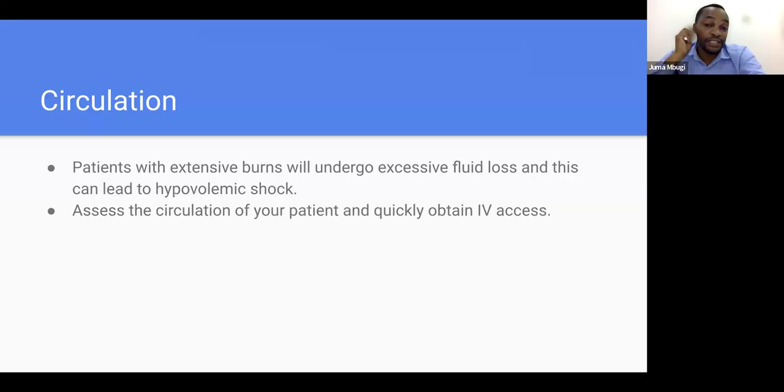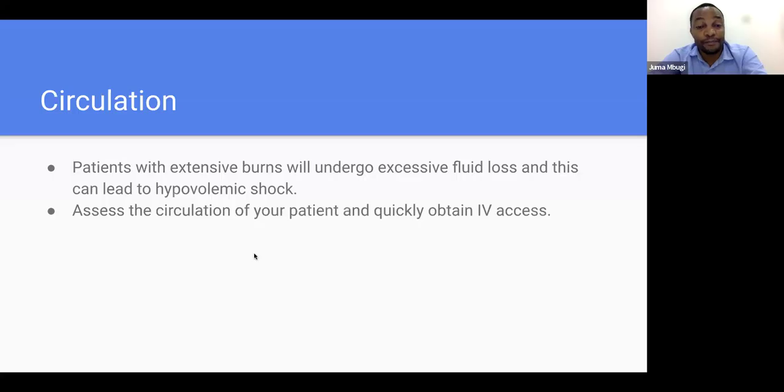Assess your circulation as quickly as possible, in less than 2 minutes. You have to complete the ABCDE assessment and obtain IV access, check the capillary refill time, the temperature of the extremities, and the pulse. Is it strong or weak? Is it fast or not?